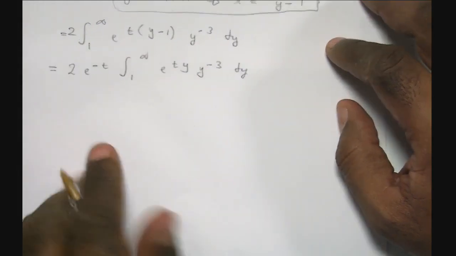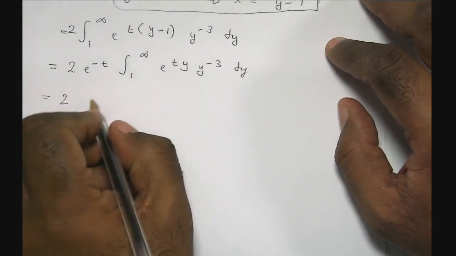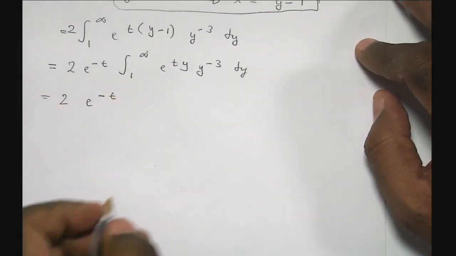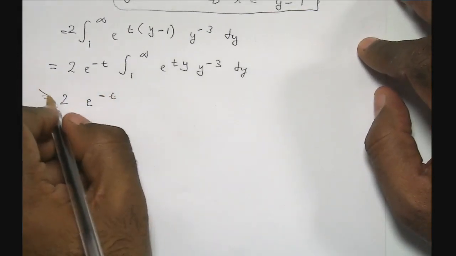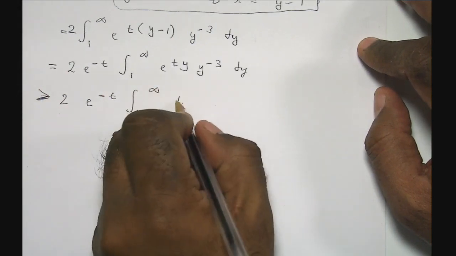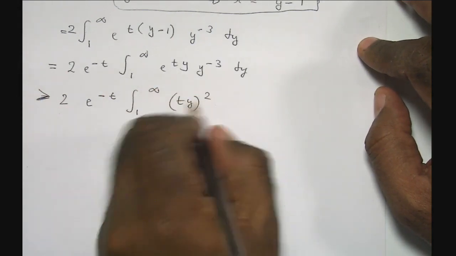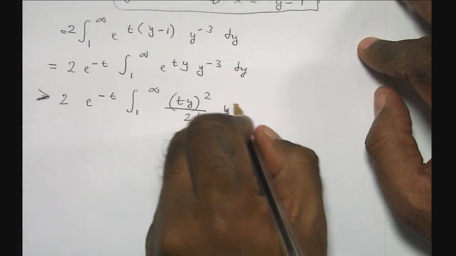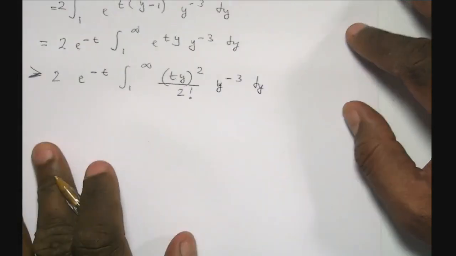Now I'm going to apply the usual trick. I'm going to choose k to be 2. If you choose k to be 2, guys, this is what you get.